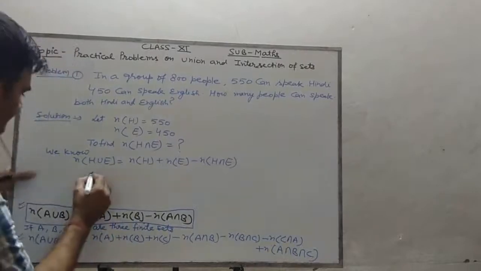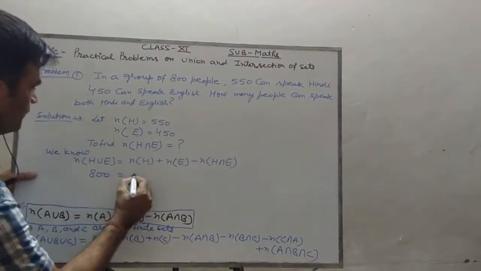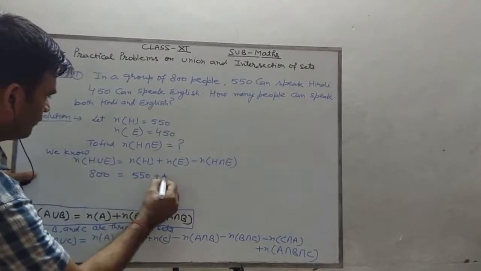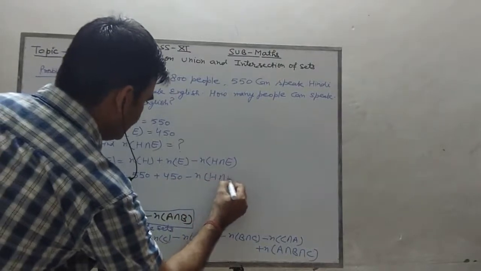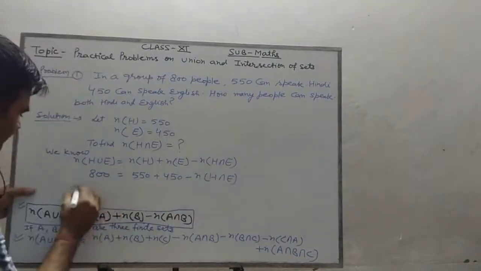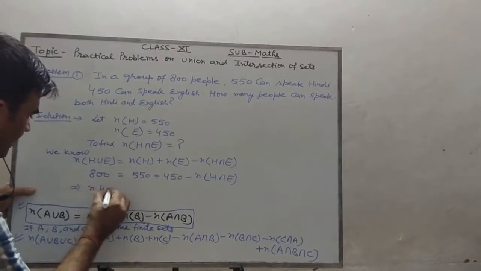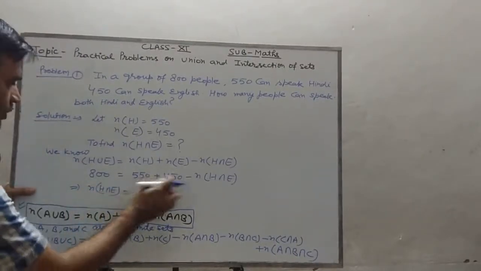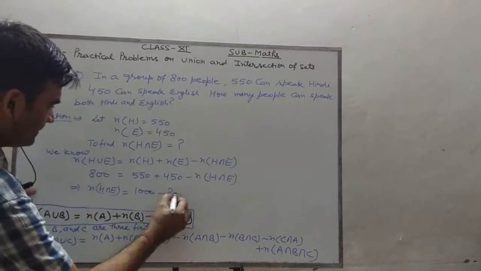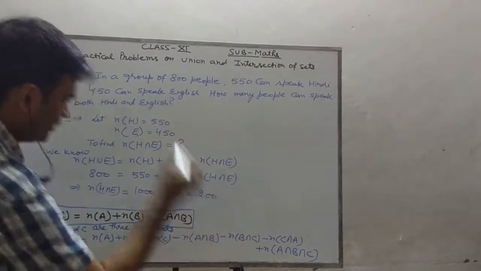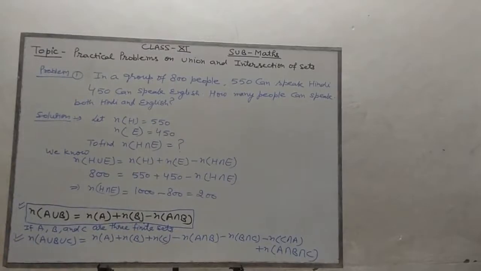So we can write 800 equals 550 plus 450 minus number of elements in H intersection E. So on solving, we can write number of elements in H intersection E equal to 450 plus 550, that is 1000 minus 800. Therefore there are 200 pupils in the group who can speak Hindi as well as English.